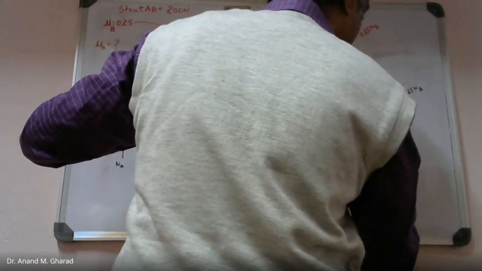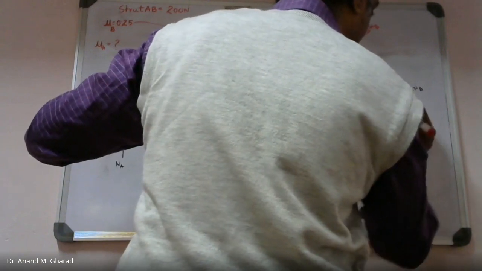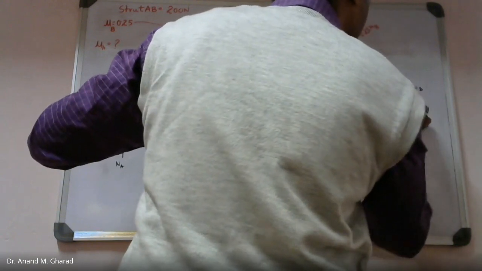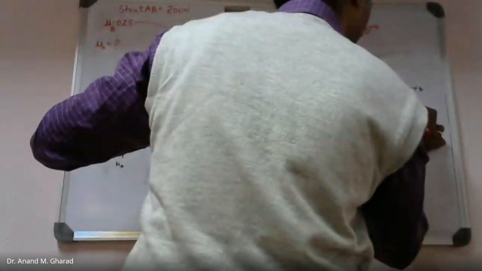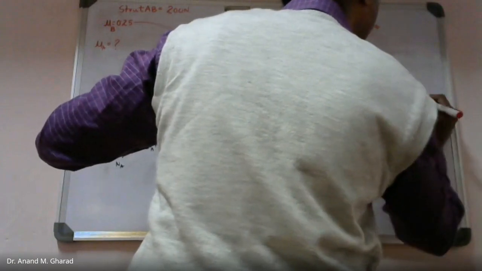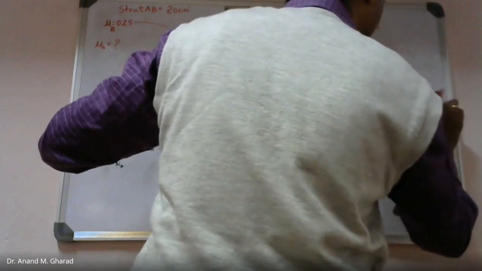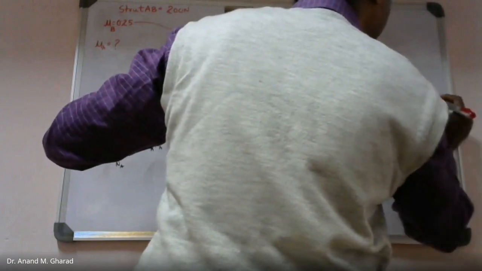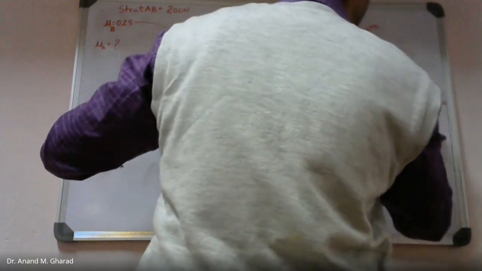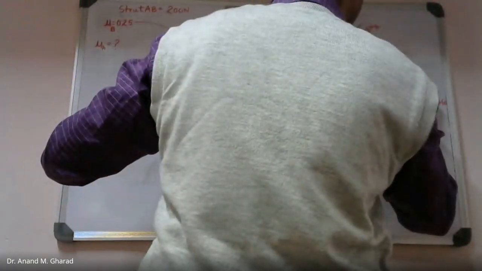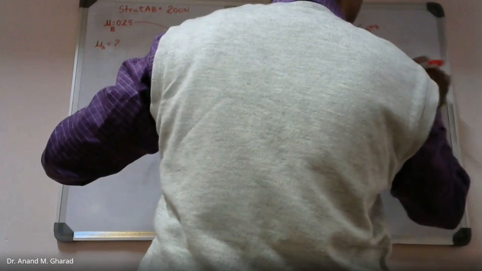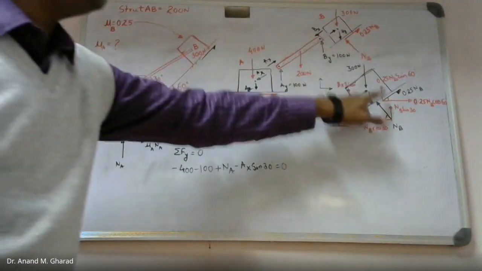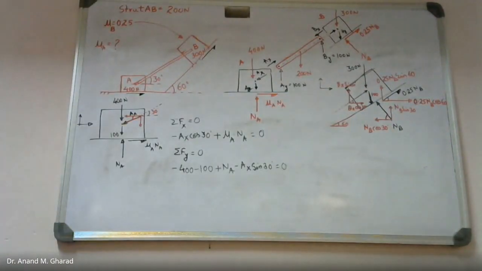So I will be writing this NB cos of 30, NB sin of 30. Similarly, this. Okay, so this will be 0.25 NB. This is cos 60, and this is 0.25 NB sin 60. So one has to be careful while noting down all the values.